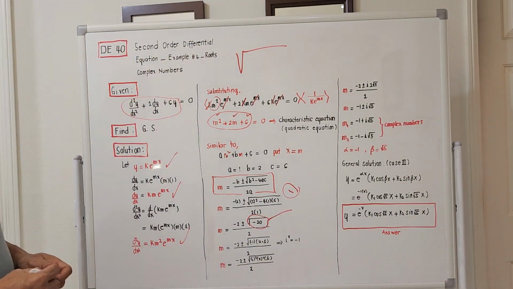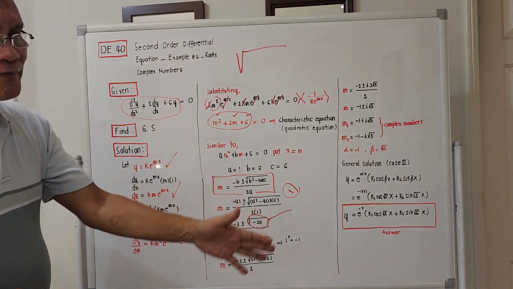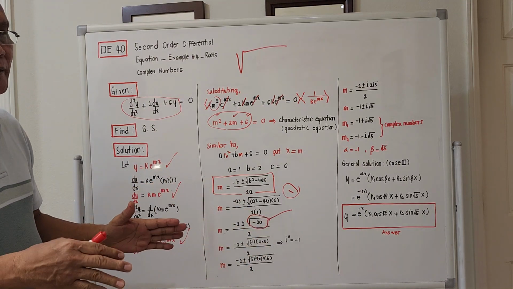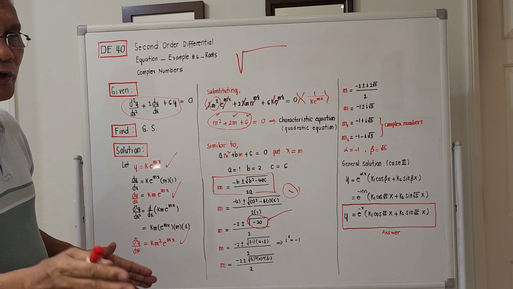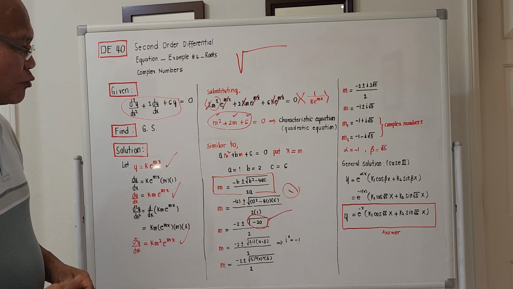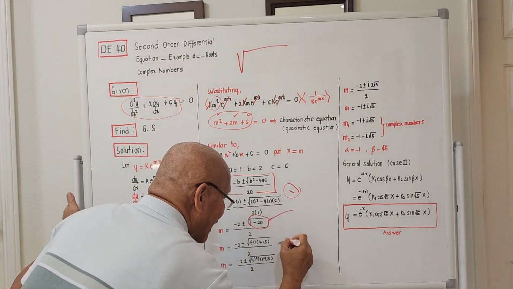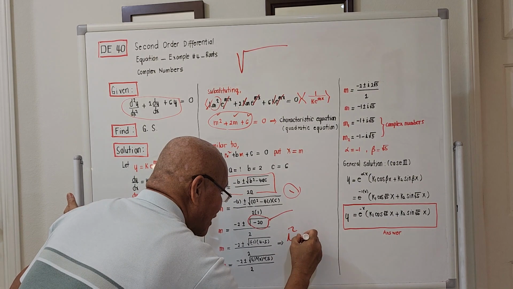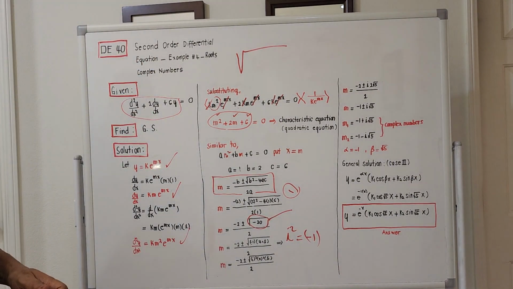And if you are only under algebra, you could not solve this one. But if you are under higher mathematics, we could actually take the square root of a negative number, because we will introduce the value i squared equal to minus 1, the imaginary part.